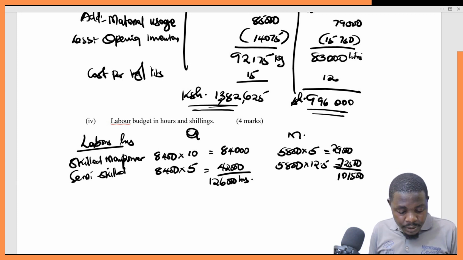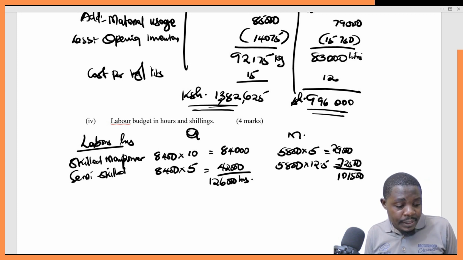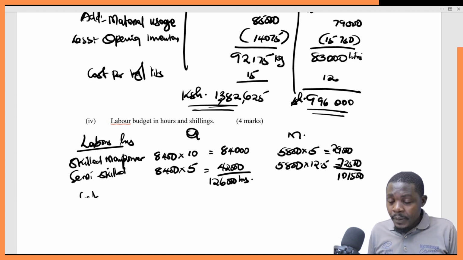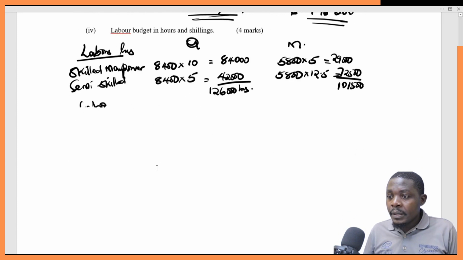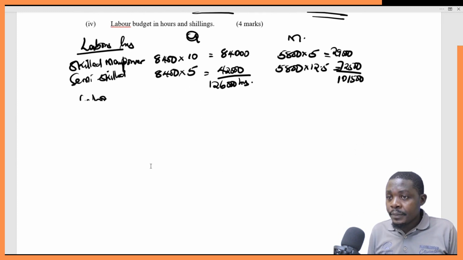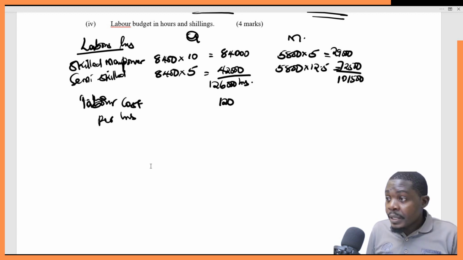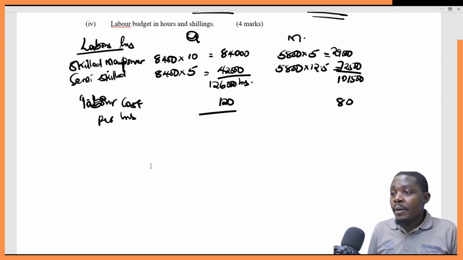The cost per hour. We are told in Roman 5, the labor costs are 120 shillings per hour for skilled. Now let me just write it, labor cost per hour. Here we are told that is 120 shillings per hour. Then for M, it is 80 shillings per hour.